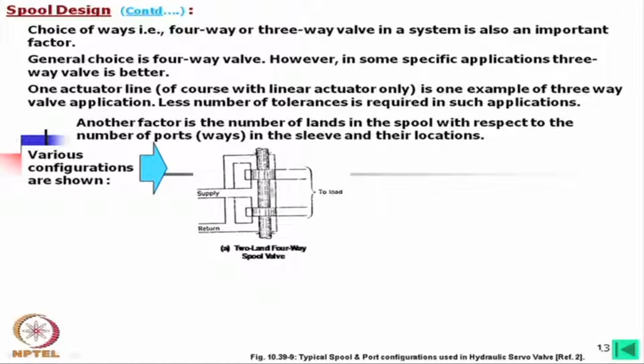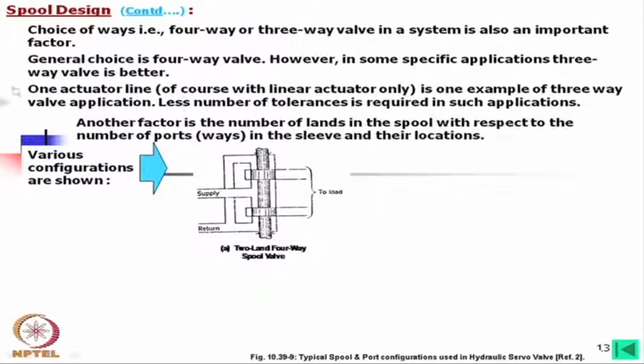This is 2 land, but there are 4 way. What are the 4 way? If you see, this is the supply flow. Let us consider this is a critical center or even if you overlap the valve, still when it is in neutral position, it is totally closed, it cannot go in any direction.